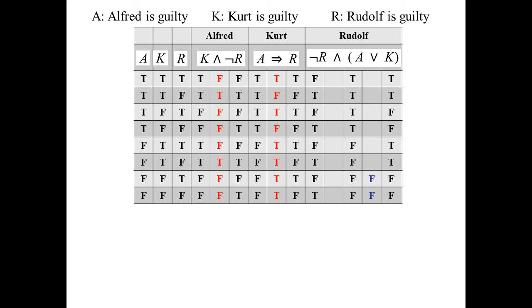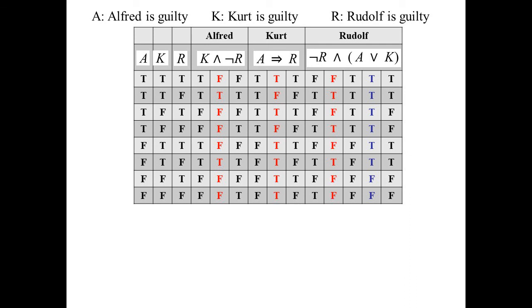So the bottom two are false, the rest are true. So now I'm looking at that blue column and I'm matching it up with the not R. So we have not R and the blue column. So and the only ones that were true and true, they become true and the rest become false.